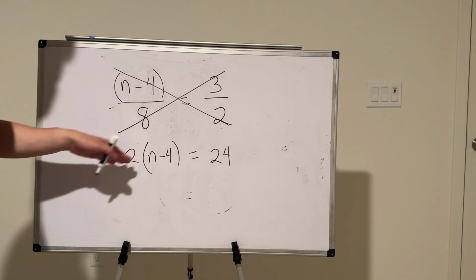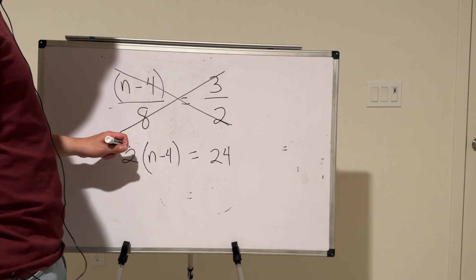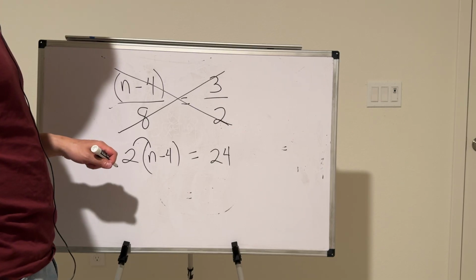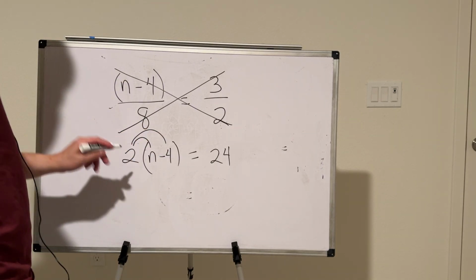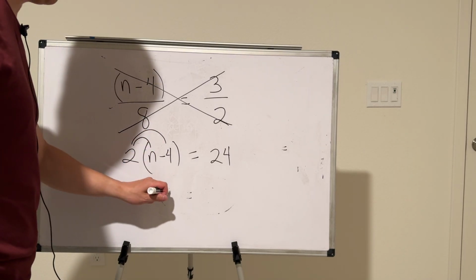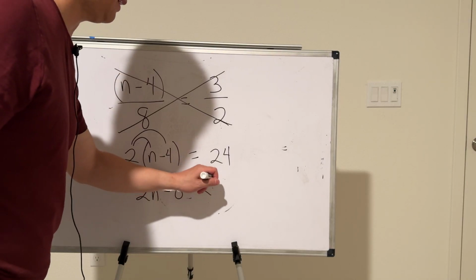In order to simplify this side, we have to use the distributive property, which I normally refer to as the rainbow. This is 2 times n, and this is 2 times a negative 4. 2 times n is 2n. 2 times negative 4 is negative 8. And then I have a 24.